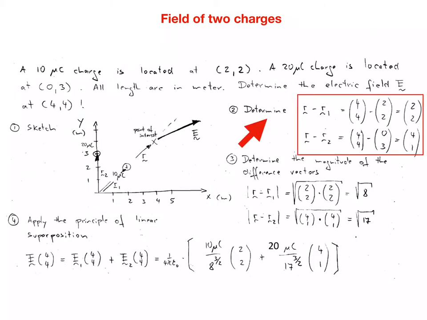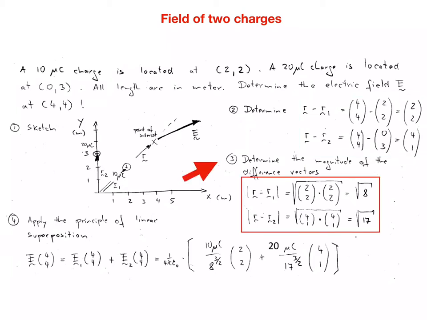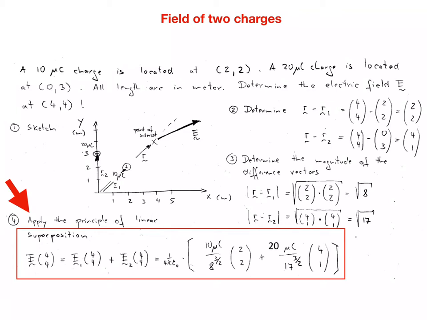In step 2, the vectors that identify the distance of separation between the source charge and the point of interest are calculated. They are 2, 2 and 4, 1 respectively. In step 3, the magnitudes of these two vectors are calculated. They are square root 8 and square root 17. Applying the principle of linear superposition, the two individual field vectors are added vectorially.